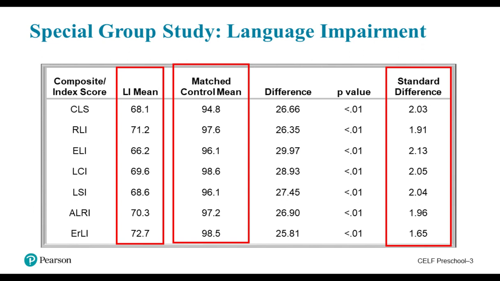Effect sizes of 0.50 are considered moderate, and those of 0.80 and above are considered large. So as indicated in the table, the effect size is large for the Core Language Score and the index scores. These results highlight the ability of CELF Preschool-3 to discriminate between children who are developing language typically and those who present with a language impairment.